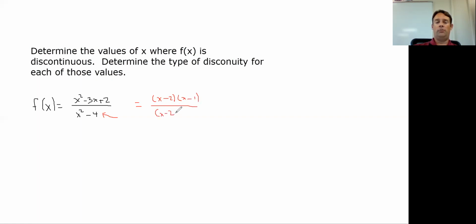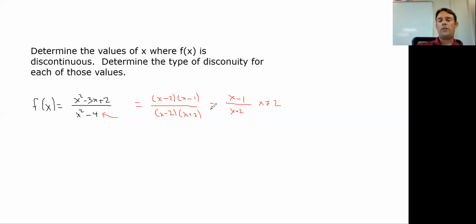So if we factor this out, notice what we have here. We have the function x minus 1 over x plus 2, but also that x can't be equal to positive 2.